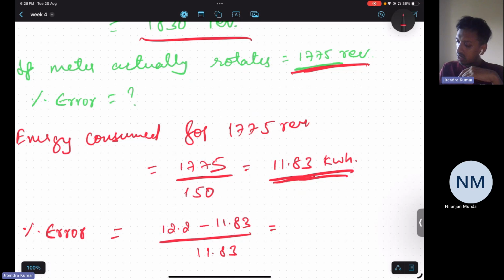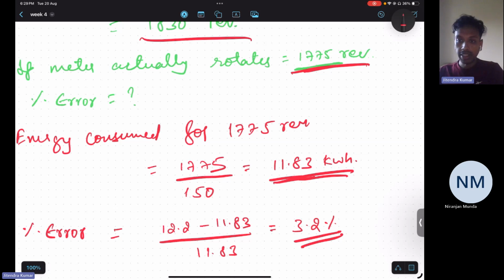So how much will it come out to be? It is 3.1%, 3.2% actually. So 3.2% of error is there.